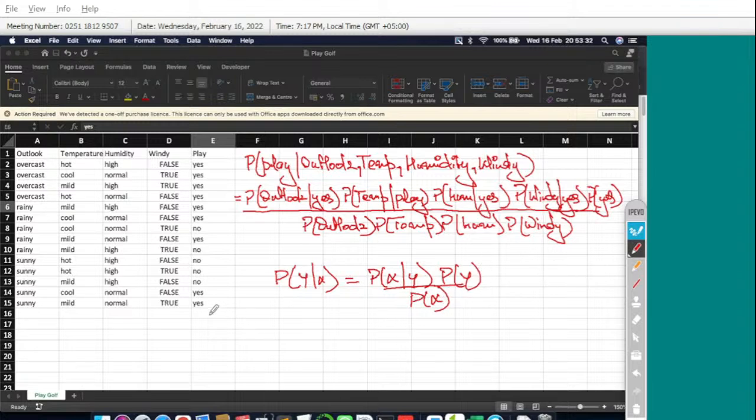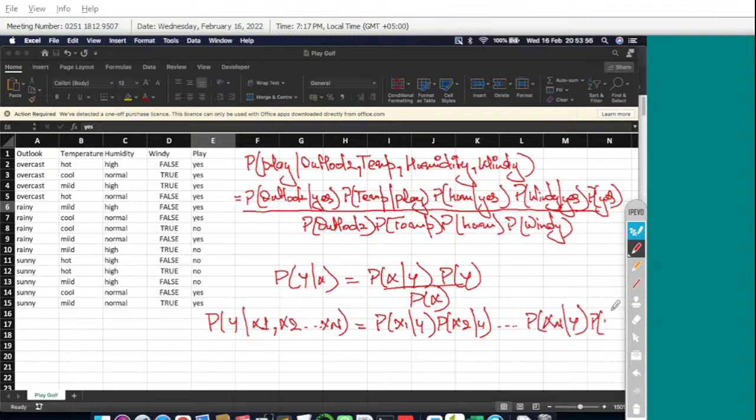So P(y | x1, x2, ..., xn) equals P(x1|y) times P(x2|y) and so on up to P(xn|y), times P(y), divided by P(x1), P(x2), and so on till P(xn). Easy?